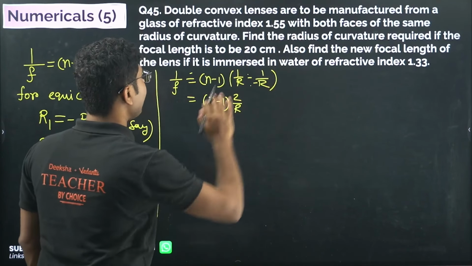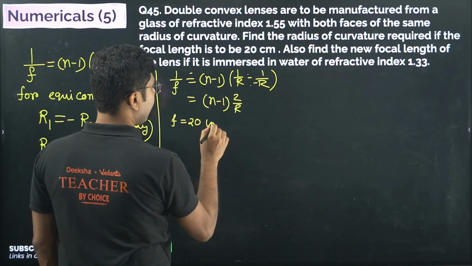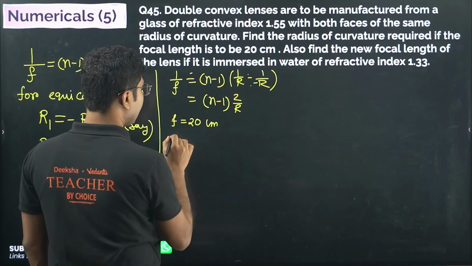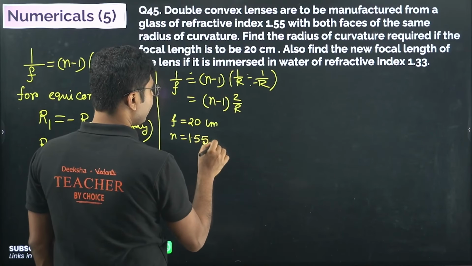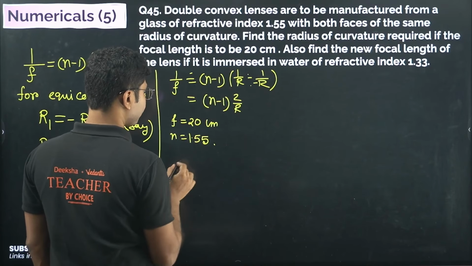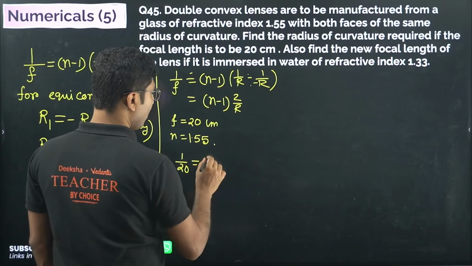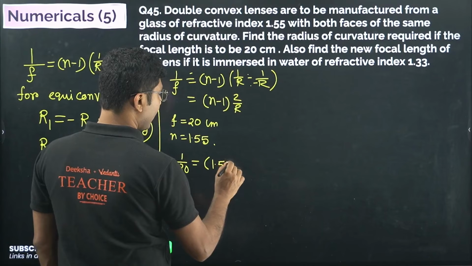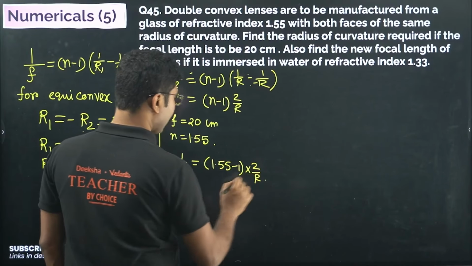Now f is given here as 20 centimeter and initially it was only in air, so the refractive index is given by 1.55. Just put these values, you will get 1 upon 20 equals (1.55 minus 1) into 2 by r. R we are trying to calculate.